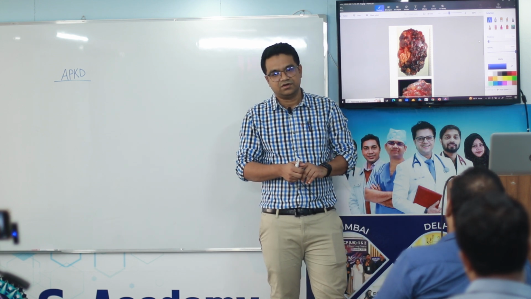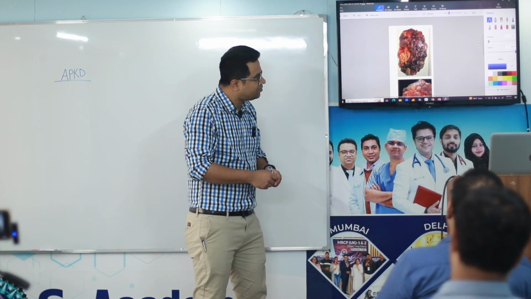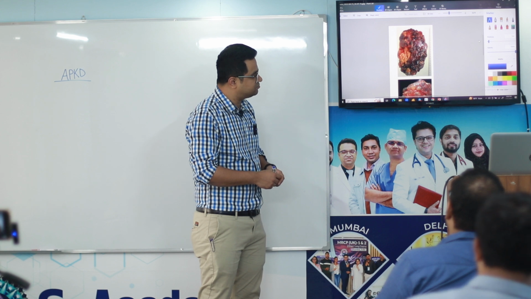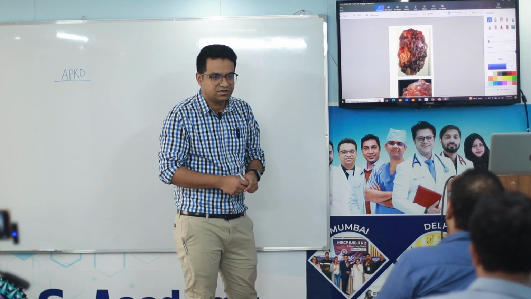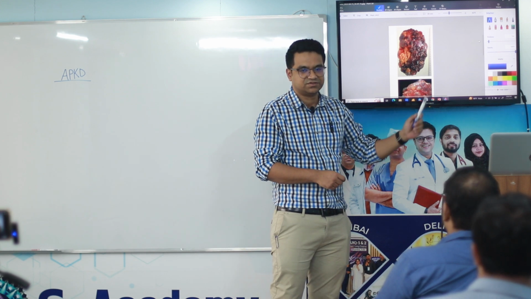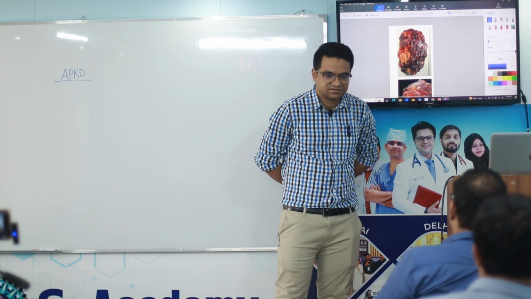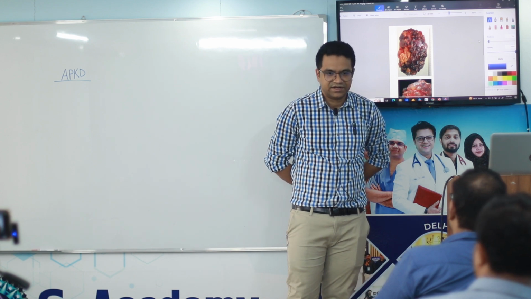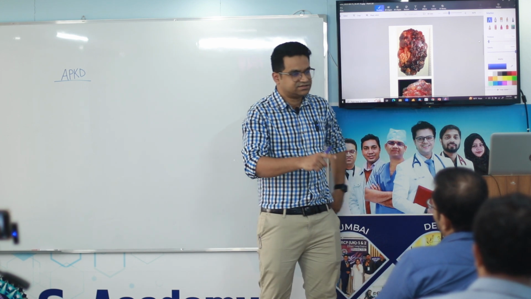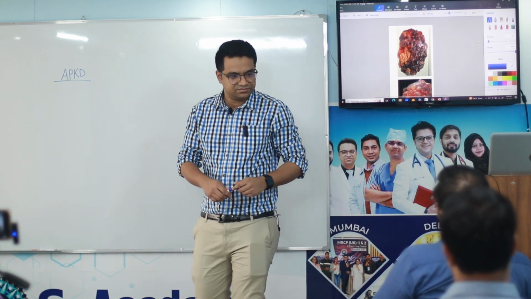Okay. And if there is a chance of renal cell carcinoma, what is the responsible factor? Any kind of genetic disease that causes polycystic kidney disease and renal cell carcinoma?